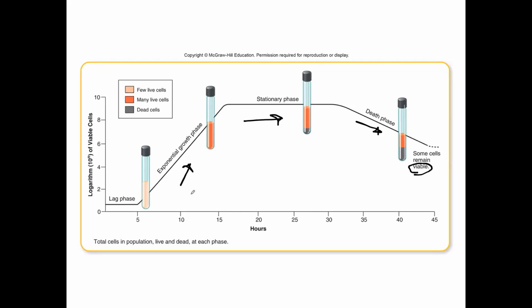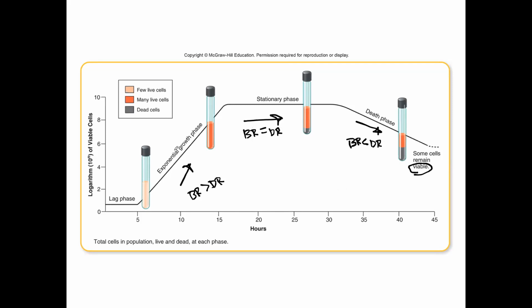Here, birth rate is greater than death rate. Here, birth rate equals death rate. And here, birth rate is less than death rate. And finally we get to the end.